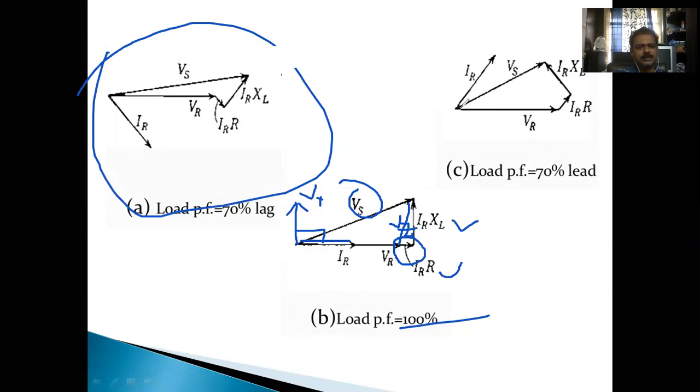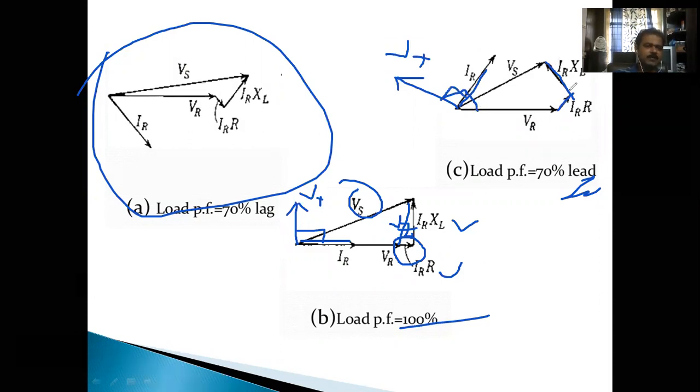Now this is the receiving end voltage. Here the current leads the voltage by an angle, so it is a leading power factor. The voltage drop across resistance is in phase with IR, and the reactance drop is always 90 degrees with the current.